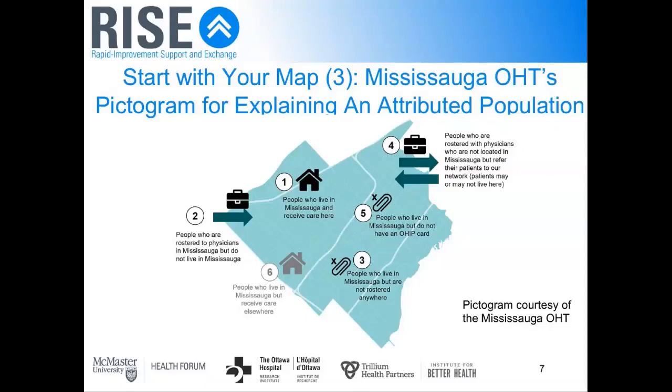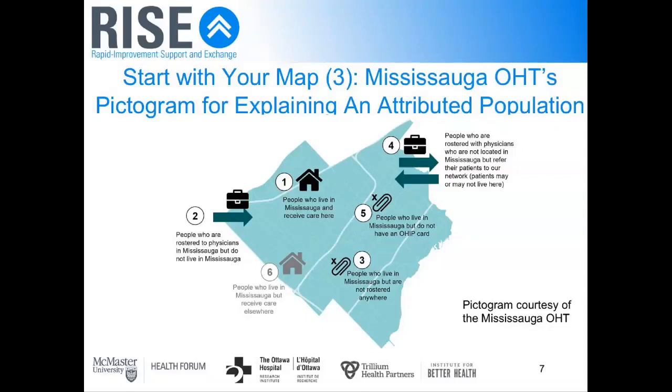Number two looks at the fluidity of this movement across a region like Mississauga. So these are people who are rostered to physicians in Mississauga, but don't live in Mississauga. They live in surrounding communities, but they seek their care from a Mississauga PEM or fee-for-service primary care physician. Number four, I'll jump over to number four.